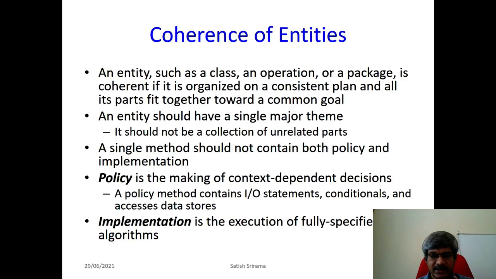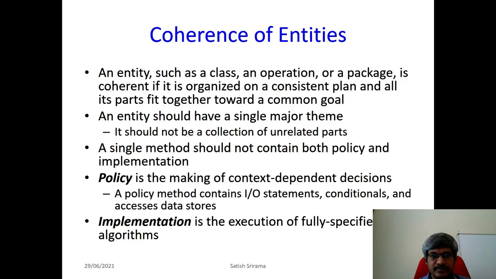These policy methods may contain IO statements, so you will be asking for some information from the user, you will have certain conditions, and you will be accessing certain data stores, etc. These are policy operations. Implementation is the execution of a fully specified algorithm. So don't have both the policy and implementation in a single operation, because then it is not very coherent.